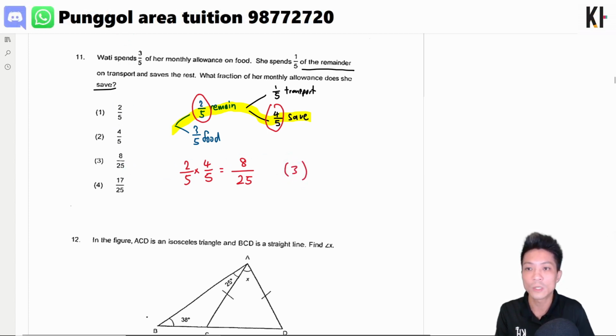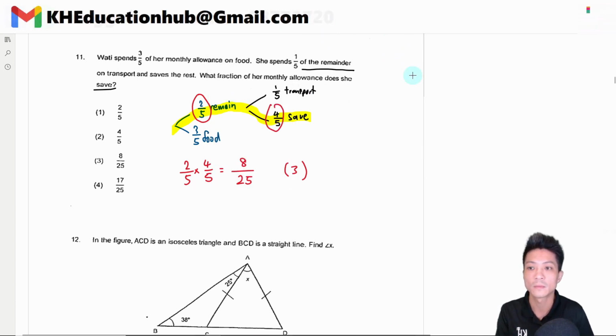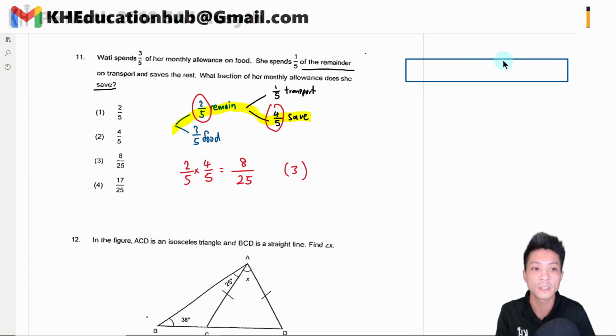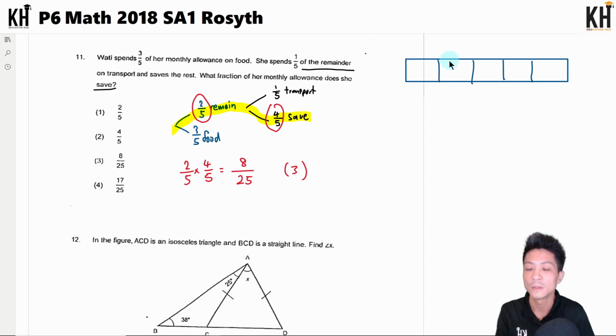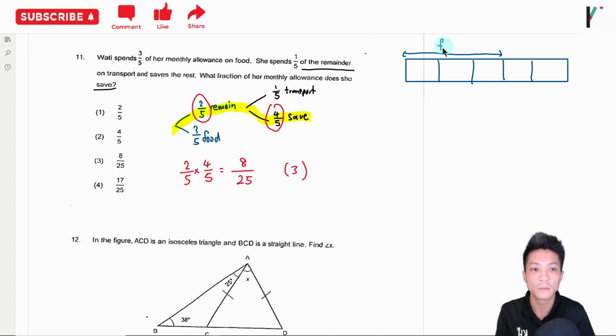Just going to try and do the model drawing way also over here. So you have a bar and you're going to cut it into 5 parts. So 3/5 here to here is on food.